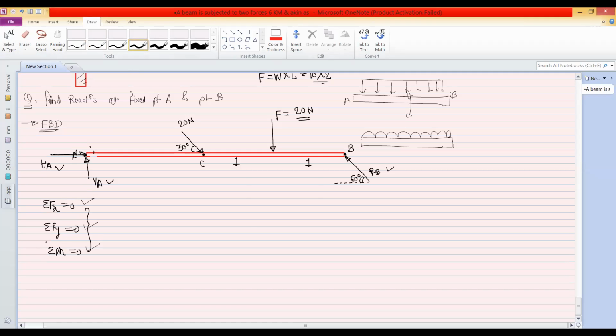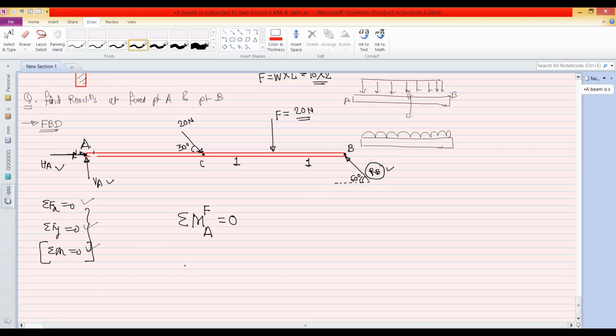So first, use the summation of moment equal to 0 and find out this reaction RB. You can take the moment about the point where there are the maximum unknowns. At point A, this is the hinge joint, so there are two unknowns, HA and VA. So take the moment point as A. The summation of moment at point A by all the forces is equal to 0.